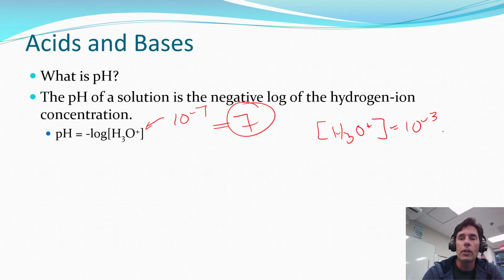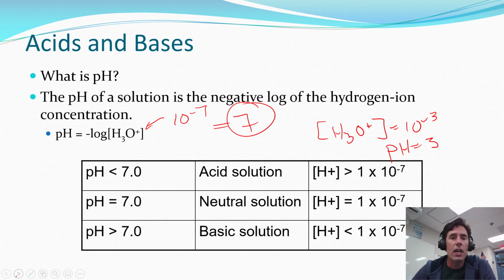Oh, you're like, hey, that means the pH would be equal to 3. Hey, now, what does this all mean? Well, what this means, ladies and gentlemen, is that a pH of less than 7 is going to be considered acidic, a pH of 7 is exactly neutral, and a pH of greater than 7 is basic, okay?